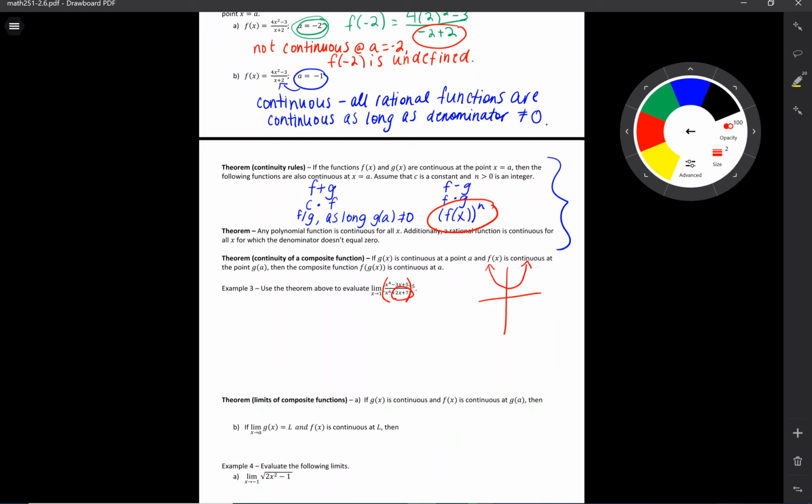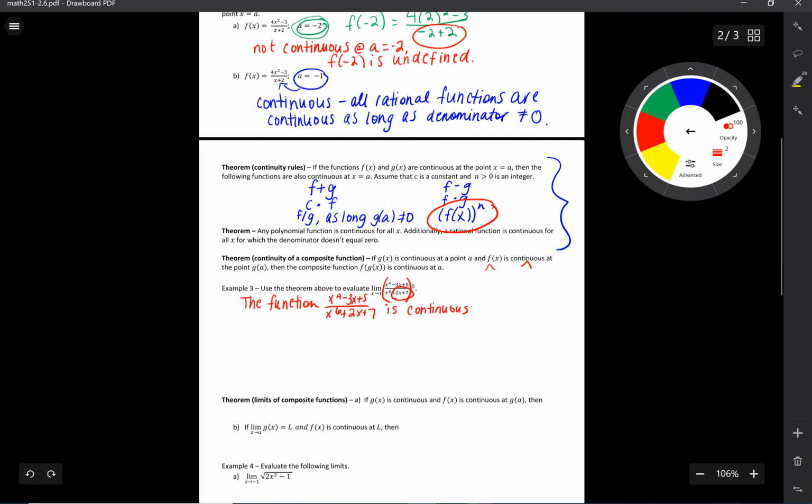So the inner function, x to the power of 4 minus 3x plus 5 over x to the power of 6 plus 2x plus 7, is continuous everywhere, since our denominator never equals 0.